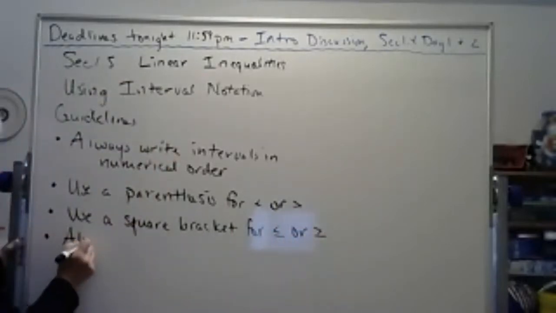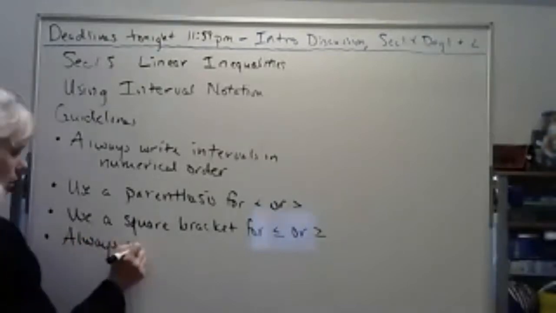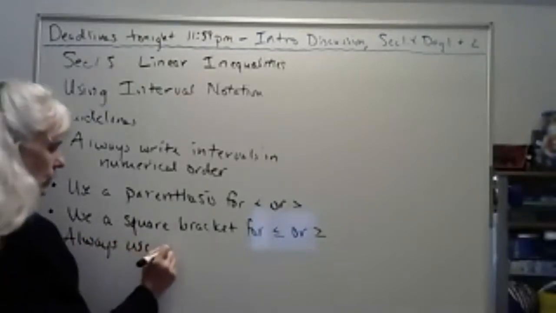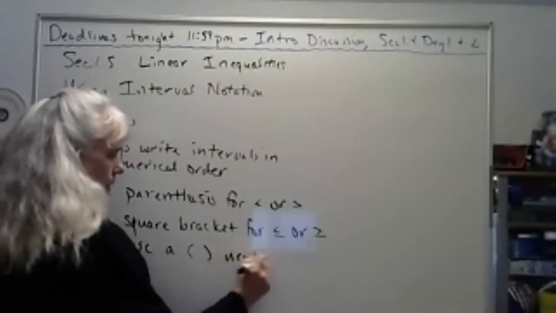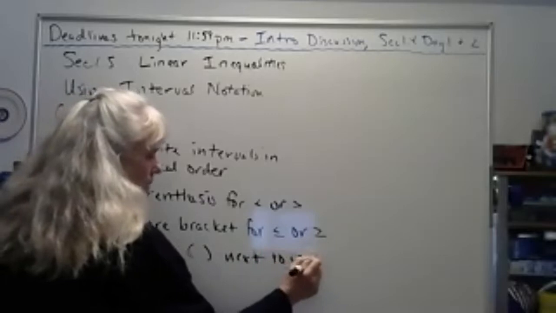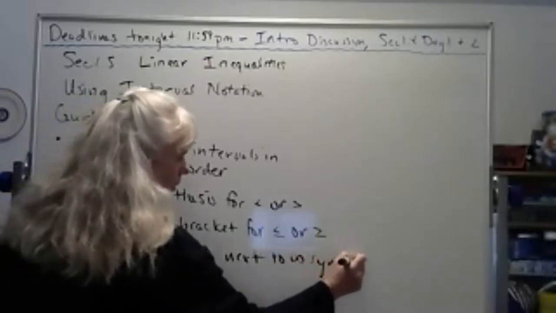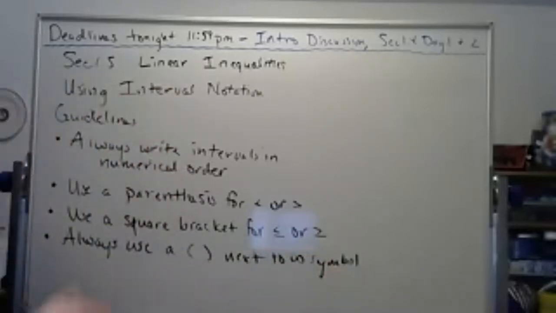You always use a parenthesis next to the infinity symbol. Okay, so let's make sure that the parenthesis and the square bracket makes sense to you.